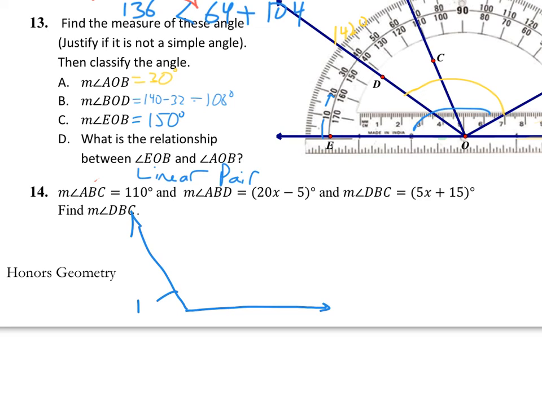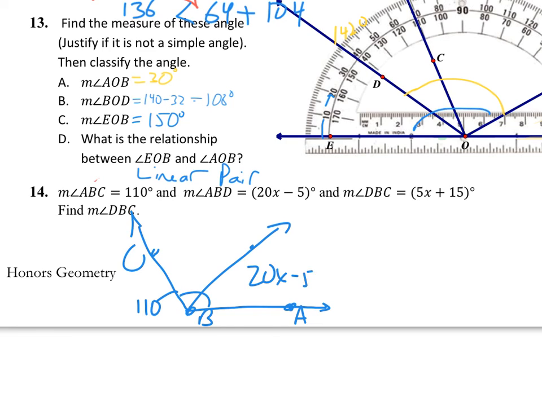All right, 110. And this is AB. Now, ABD is 2x minus 5. Well, where's D? It's somewhere out here.